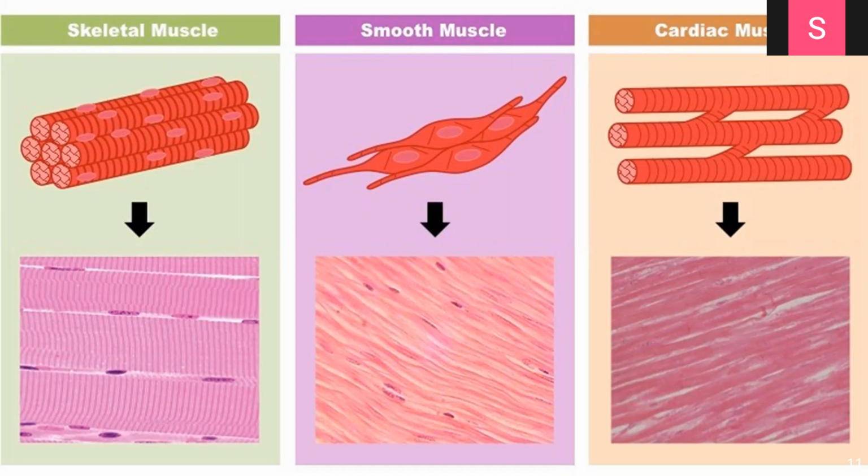The cells are long and slender, so they are sometimes called muscle fibers, and these are usually arranged in bundles or layers that are surrounded by connective tissue. Actin and myosin are contractile proteins in this muscle tissue. Muscle tissue can be categorized into skeletal, smooth, and cardiac muscle tissues.